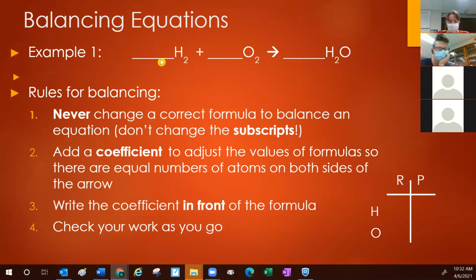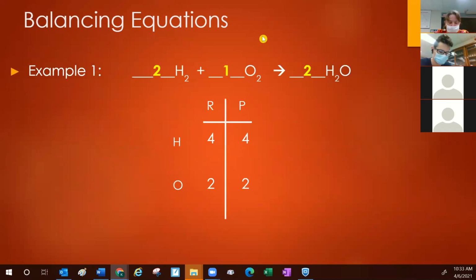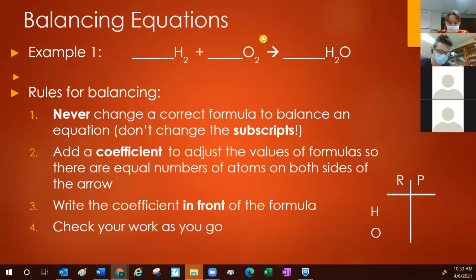I have added lines here because this is going to help you remember where we can add numbers to balance equations. The numbers that go on these lines are going to make sure that this is in fact truly an equal sign.